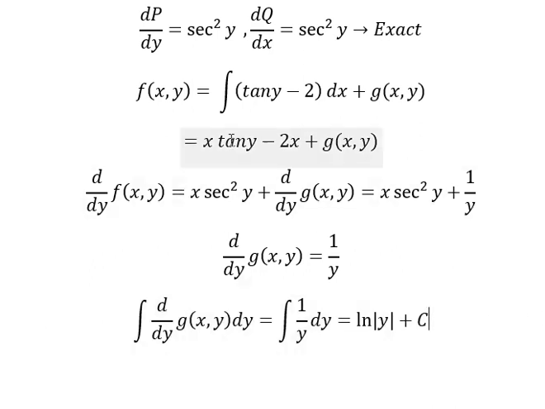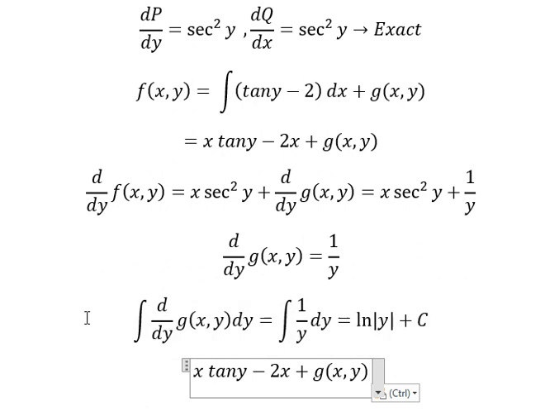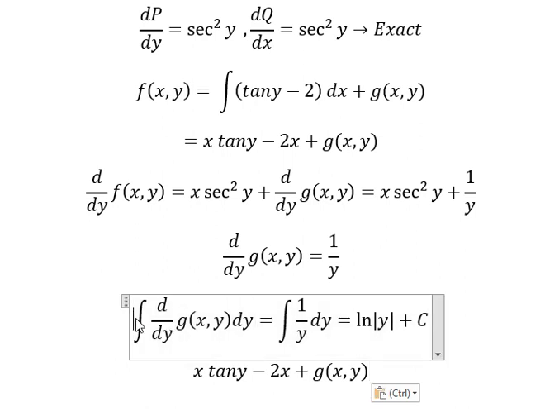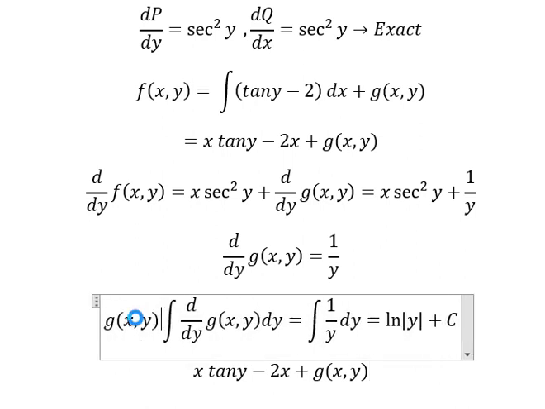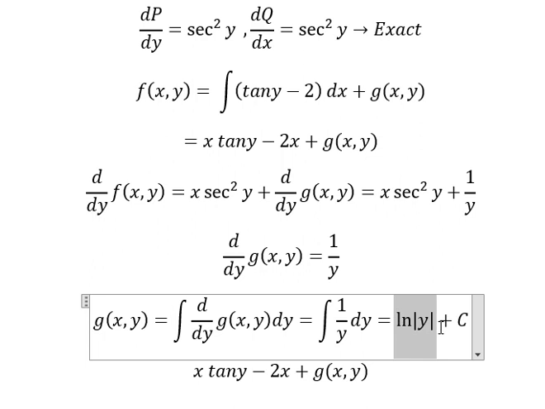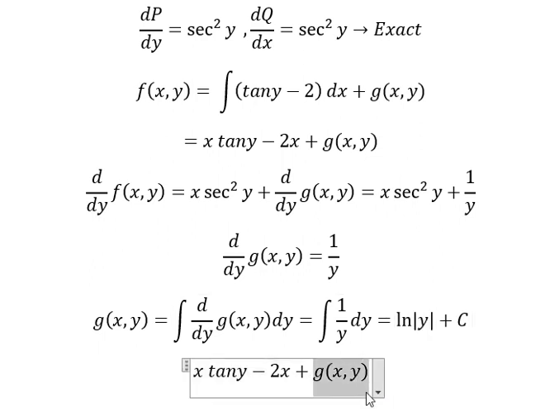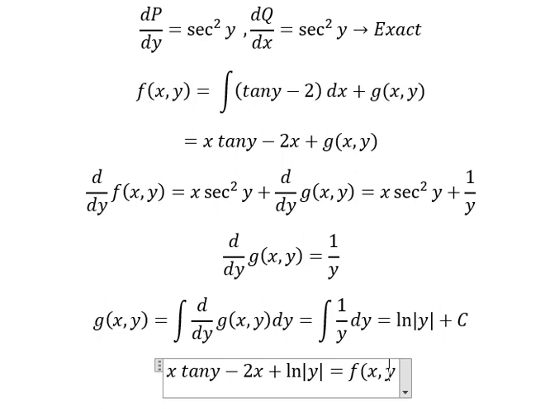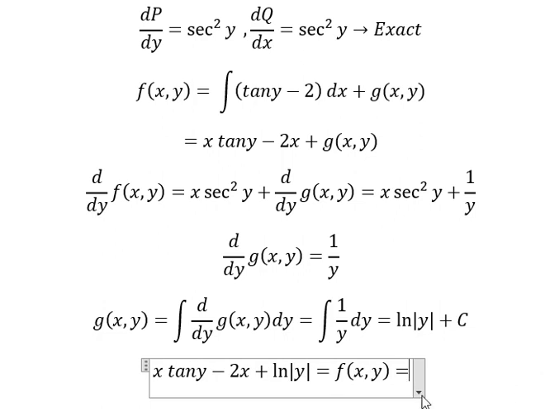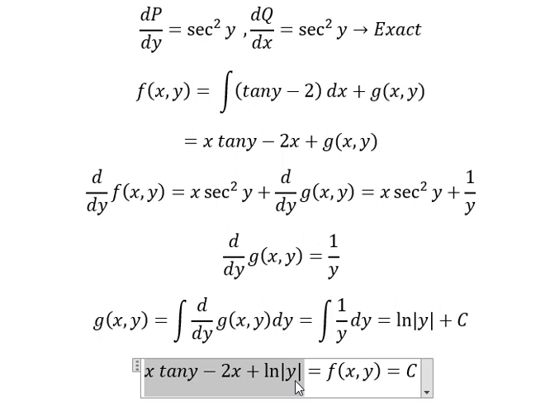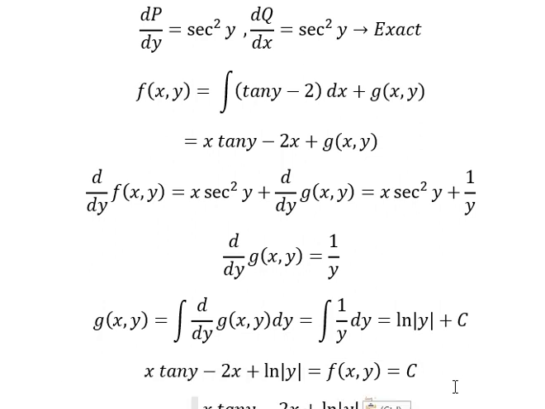Now we need to go back in here. The integration of this one we have 3s y. 3s y equals to this one. And we know that this one equals to f(s, y). f(s, y) equals to c. And now we can simplify like this.